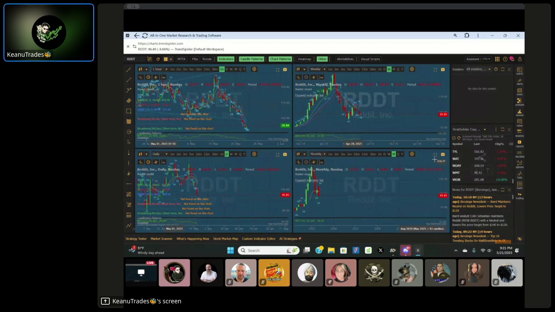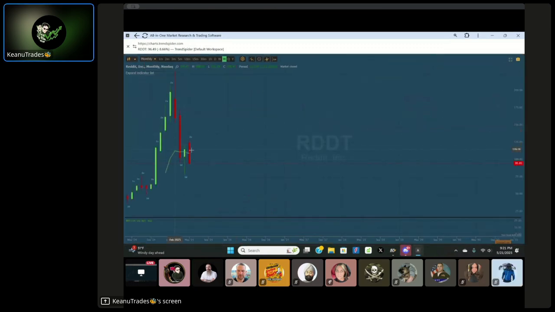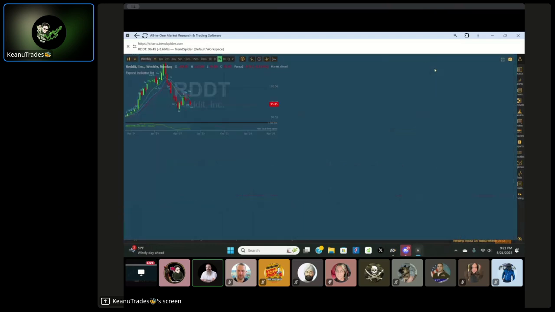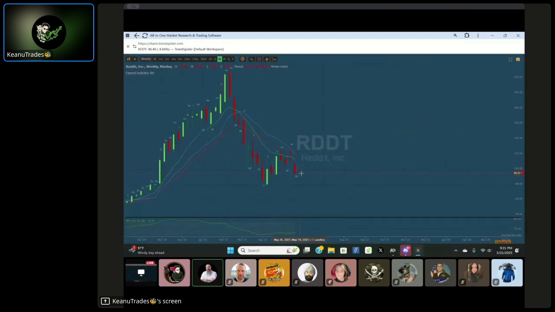Okay, monthly, red. Okay, 2 down. Where would I expect this to go? Bottom of this range. That's what I would expect. Weekly, same thing. You've got pretty much full time frame continuity to the downside. This week, you've got a solid 2 down on the week.